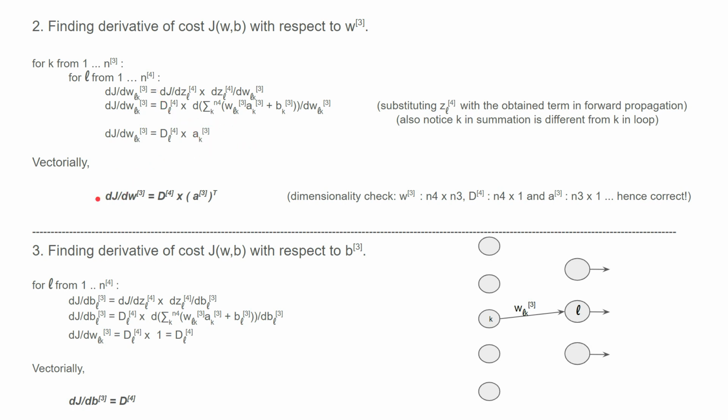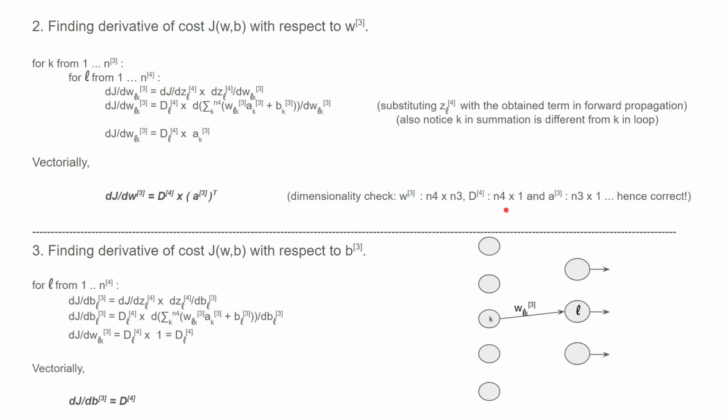Vectorially, we can represent this as dJ by dW3 equals d4 cross a3 transpose. We can see the dimensionality check. W3 is n4 cross n3, and therefore its derivative should also be n4 cross n3, and therefore the output of this multiplication should also be n4 cross n3.